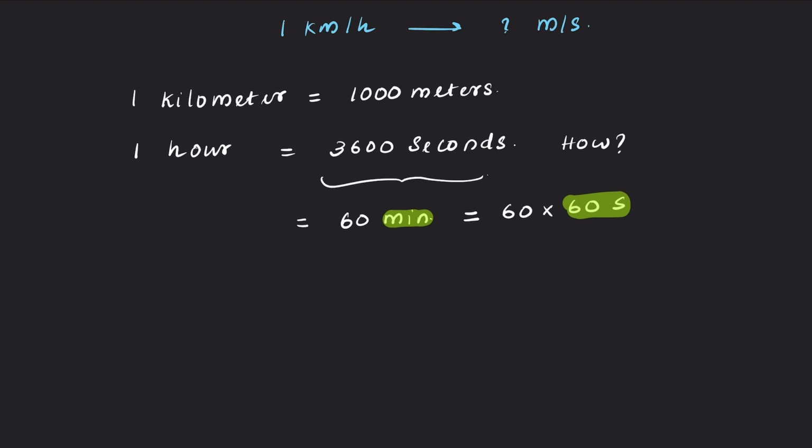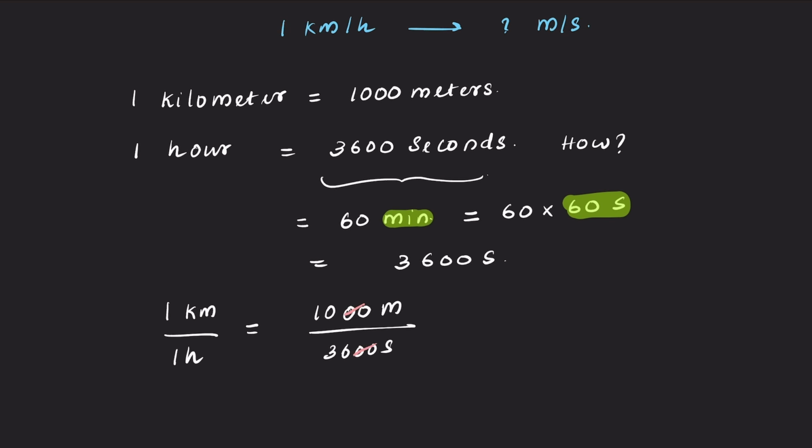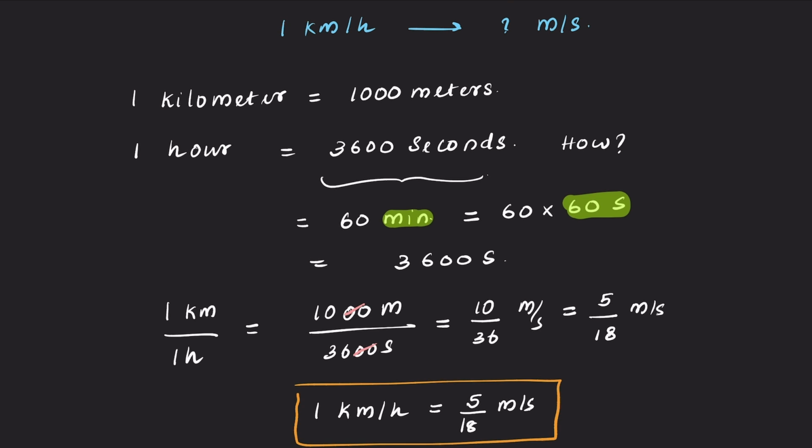So 60 times 60 is 3600 seconds. Now, 1 kilometer per hour can be written as 1000 meters upon 3600 seconds. If we simplify this, cancel the zeros and reduce further, we get 5 by 18 meter per second. So 1 kilometer per hour is 5 by 18 meter per second. This is our conversion factor.